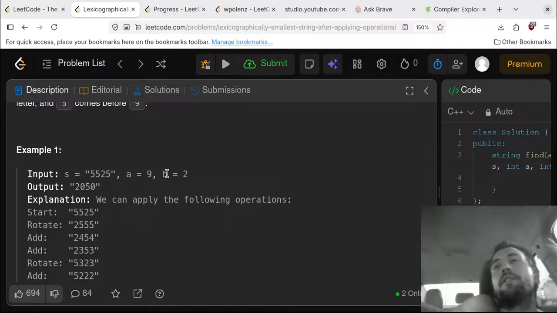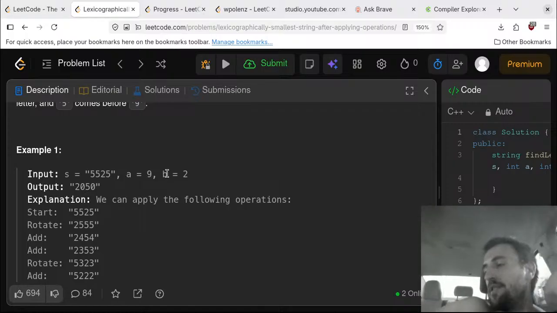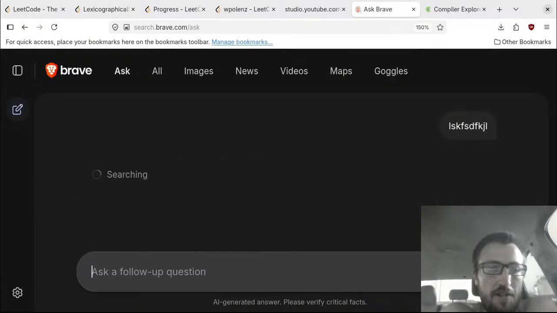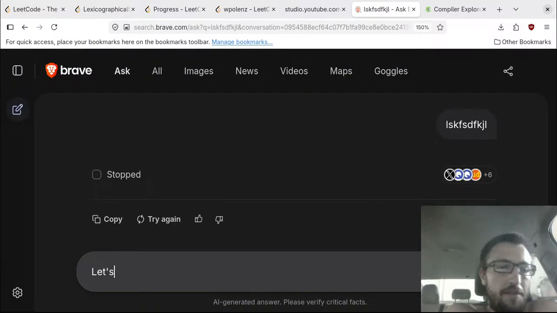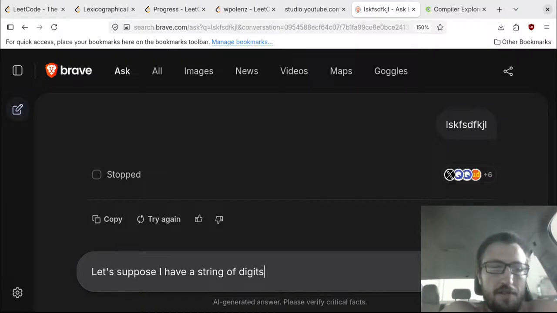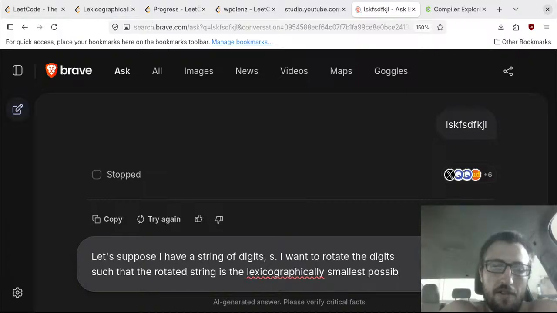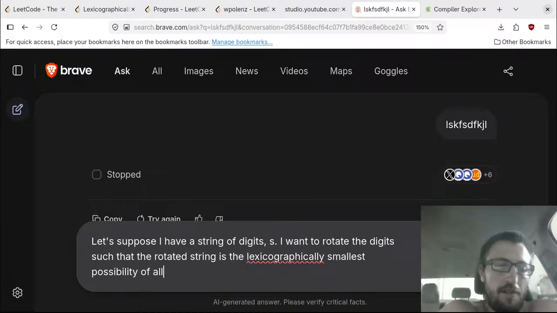Given any string, how would I best do this? That's a good secondary question to ask. Let's suppose I have a string of digits S. I want to rotate the digits such that the rotated string is the lexicographically smallest possibility of all rotations.